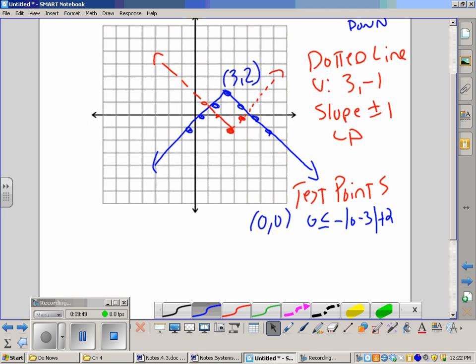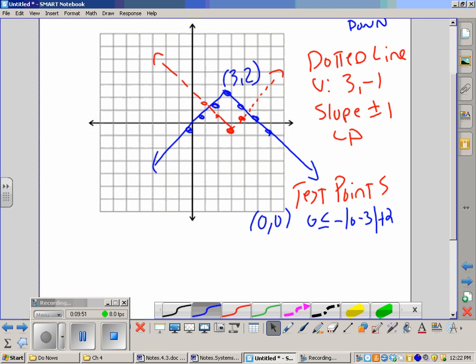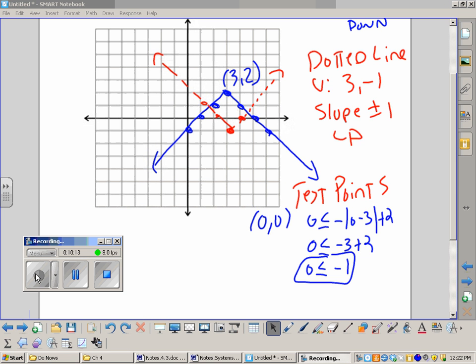Oof. Come on. This keeps coming off. So 0 less than or equal to negative, absolute value of 0 minus 3, plus 2, which is negative 3 plus 2. Is that true? That's not true. So if I plug in 0, 0, it was a false statement.